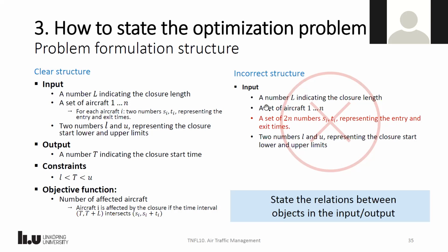So here it is clear that these two are related. So why not put it in a clear structure? The problem could still be okay, but this is more clear than the statement over here. It's easier to understand. It gives us additional information, which is that these are the same kind of objects. And that's something that I want you to include in your homeworks and in your projects. So please state the relation between objects in the input and output.